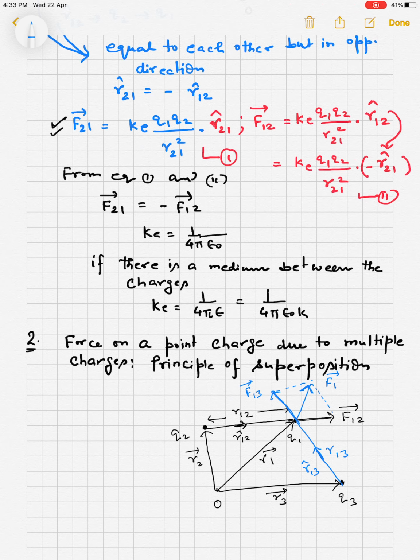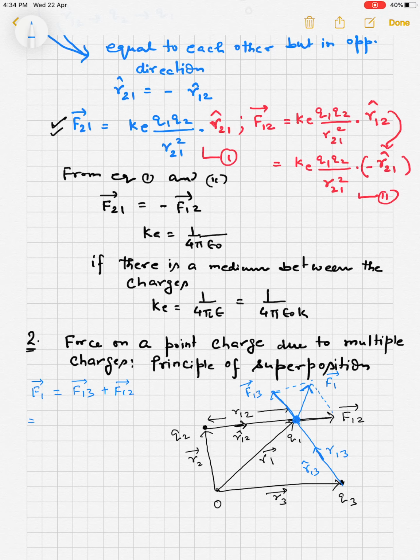So F1 vector is equal to the vector sum of F13 and F12. So if there are more than two charges, we can find the force in the same manner. So the net force on the charge Q1 will be the vector sum of the forces exerted by other charges.